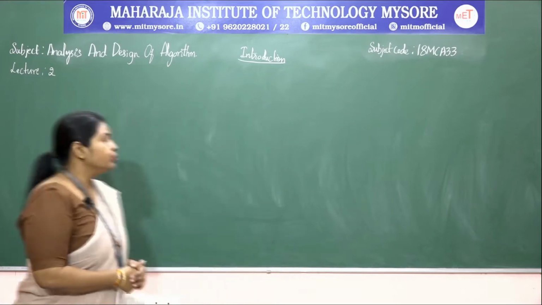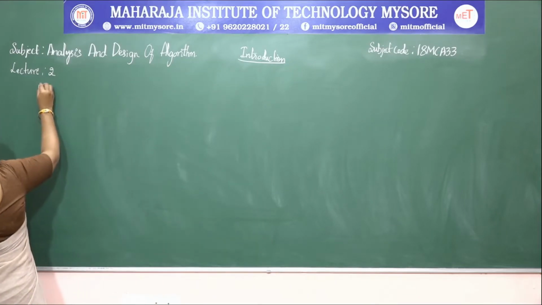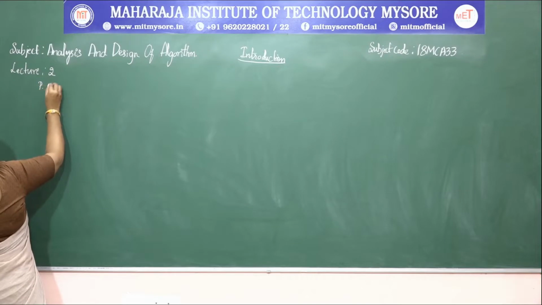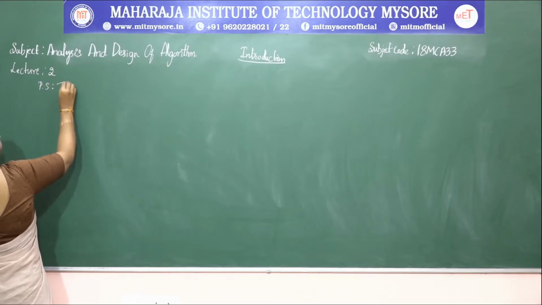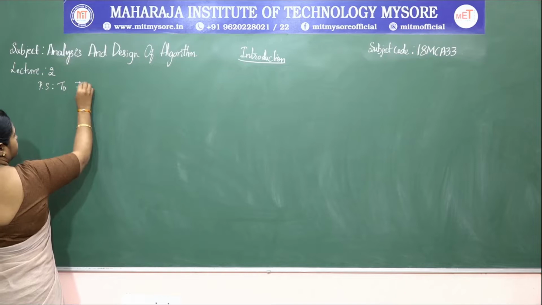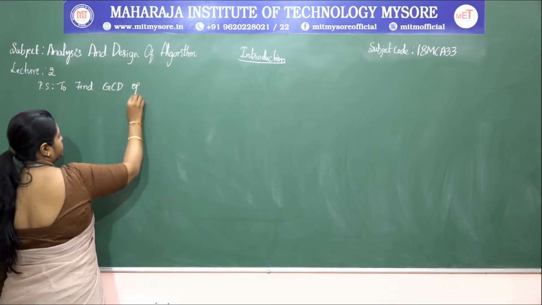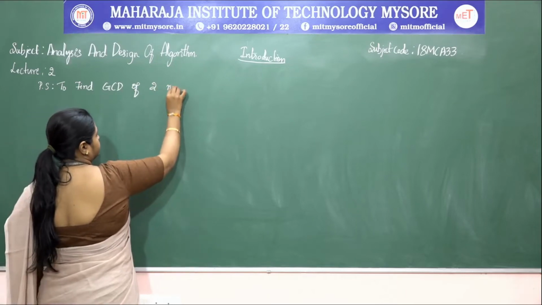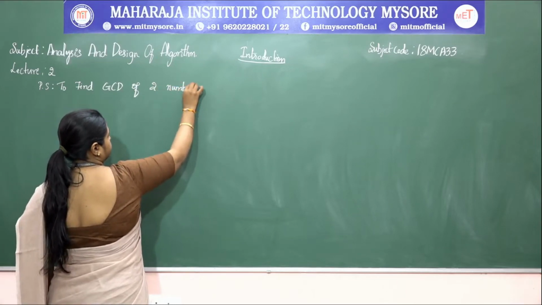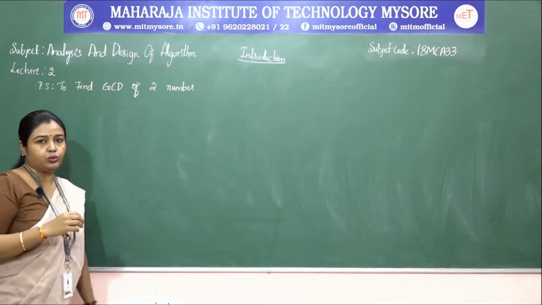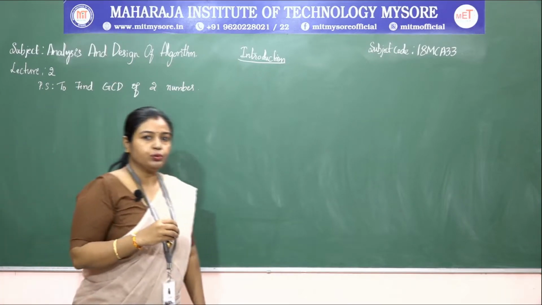Okay. So the problem statement is to find the GCD of two numbers.